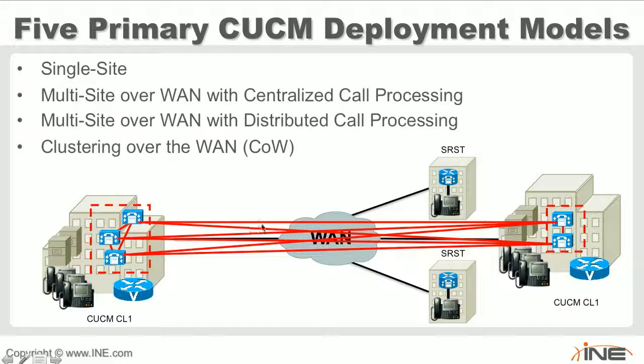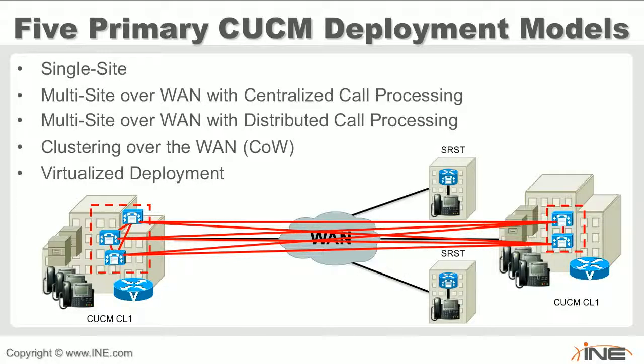But I'm actually doing intra-cluster call signaling to other servers, subscriber database servers, that are part of the same cluster, but over the WAN. Now, if you were asked in an exam about 4 deployment models, these are the 4. If you happen to be asked about 5 deployment models, the 5th would be virtualized deployment.